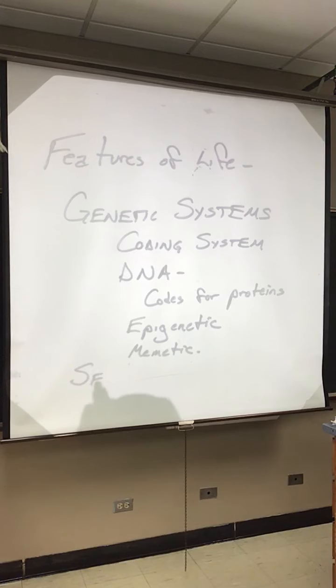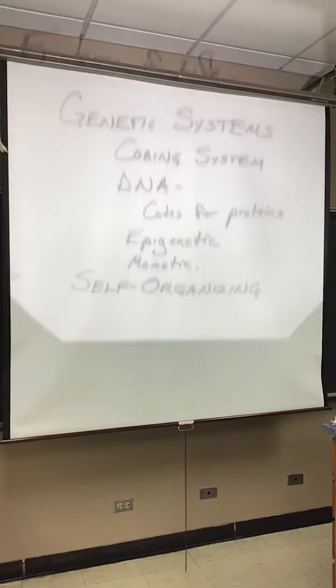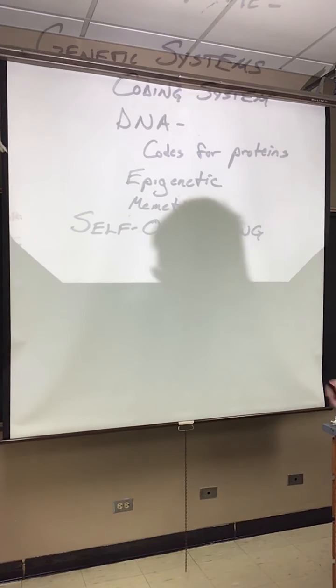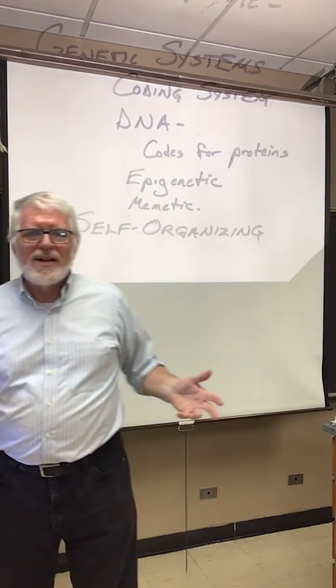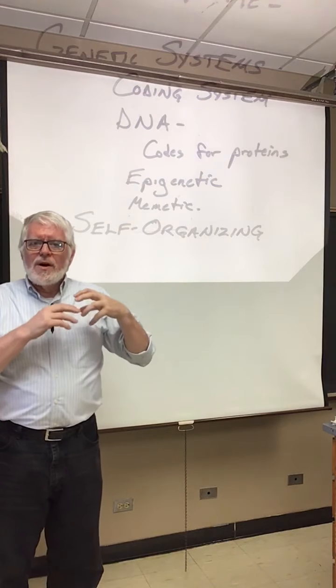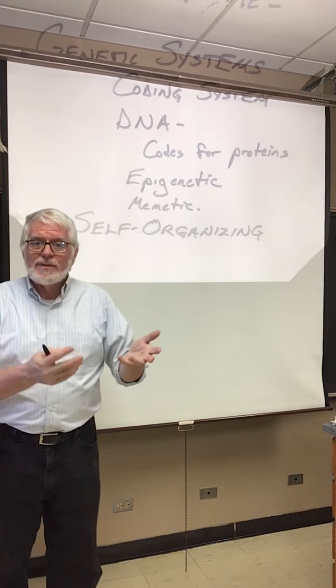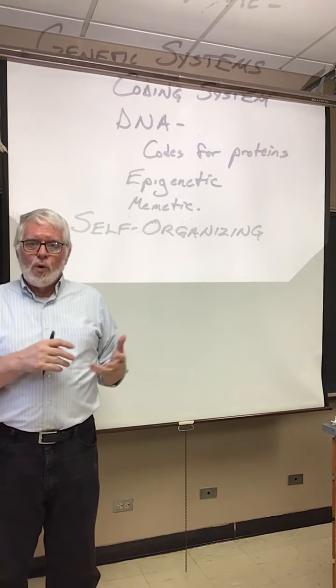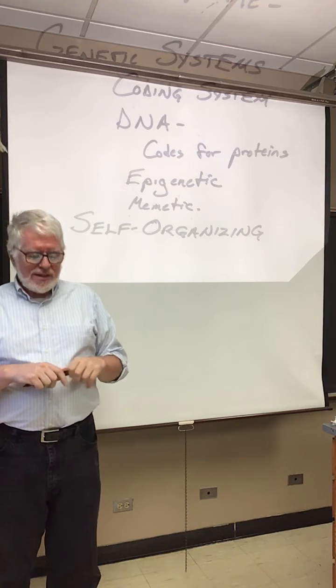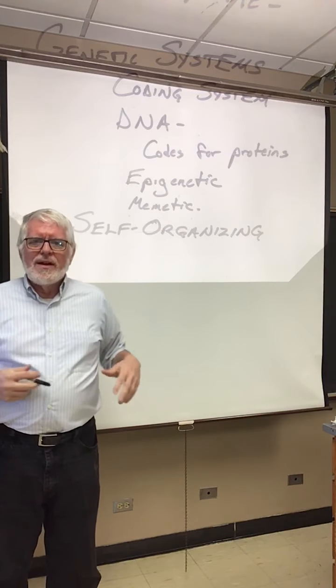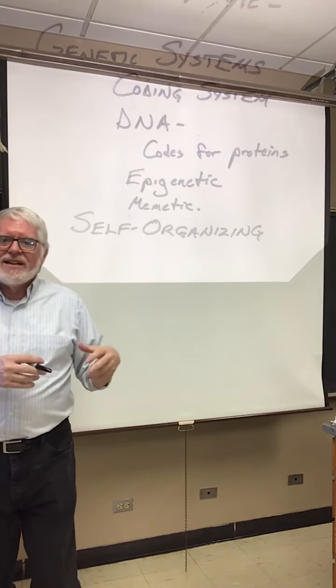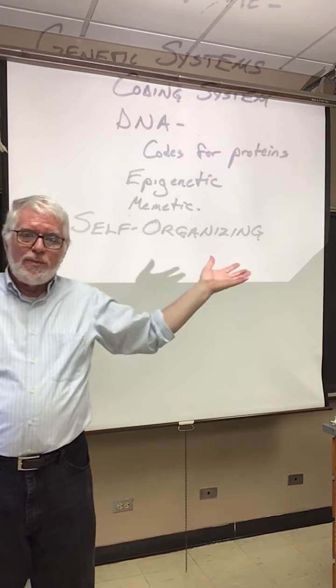Next thing on the list. Living things are complicated, and in order for them to function, they have to be able to pull themselves together and get themselves to run. They are self-organizing systems. You start with a seed, and the seed needs to grow into another plant.